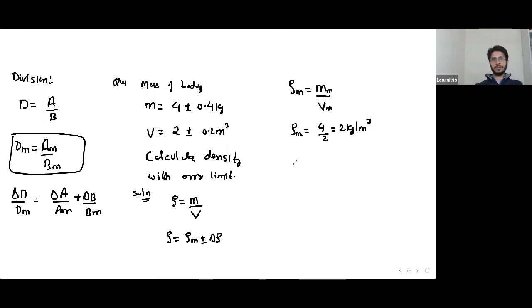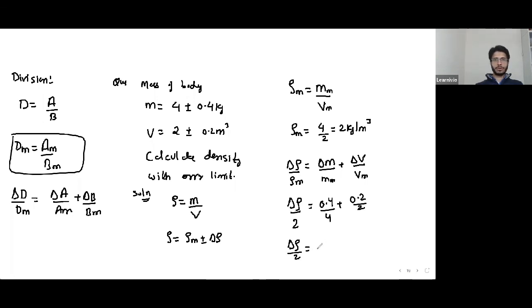When you calculate error in density, it's delta rho by mean value of rho equals delta m by mean value of m plus delta v by mean value of v. So delta rho you are supposed to calculate: mean value is 2, delta m is 0.4, mean value is 4, delta V is 0.2, mean value is 2.